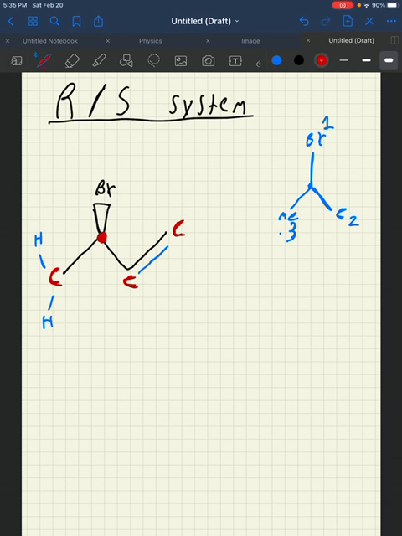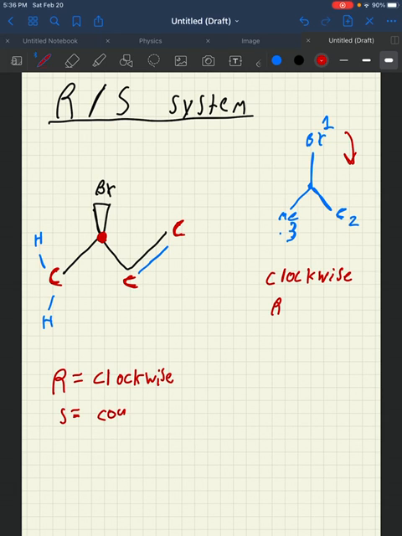Now, what direction is this going in, my friends? Well, that's going clockwise. I hope you know what a clock is. The way a clock ticks is going to be R. So, R equals clockwise, and S equals counterclockwise.